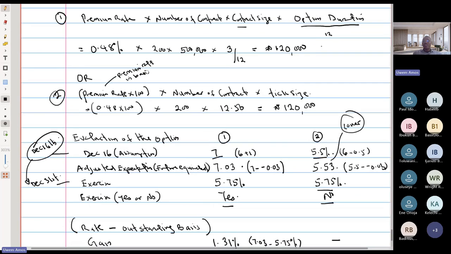So depending on whether you're using this method or this method, it's 120,000. Okay. So that's been our consideration of interest rate.